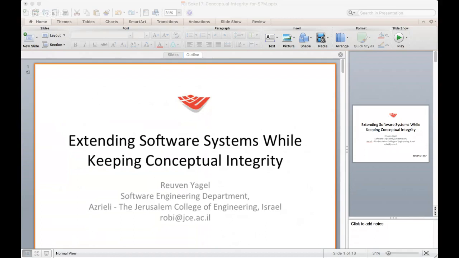So specifically about software project management services, what are the challenges to preserve their conceptual integrity? First of all, concerning orthogonality, usually we cannot do a fixed separation between the various features that we expect from such a service.